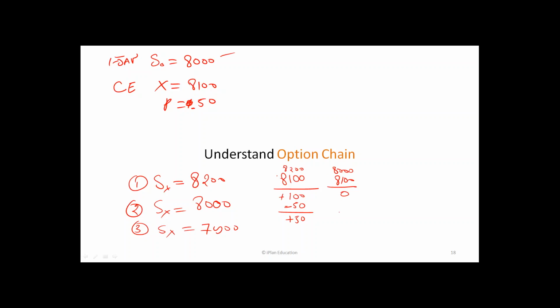So zero is what I'm going to get, and my loss is the premium. In the third case, the market went to 7,900, lower than my strike price, so I will not execute. My loss will be 50, which I paid. Good, very good. Everybody was almost correct.